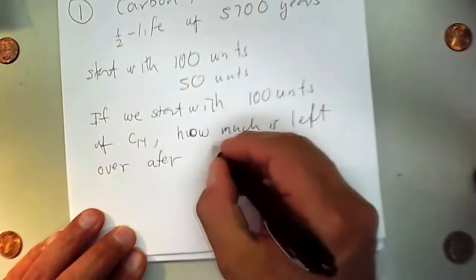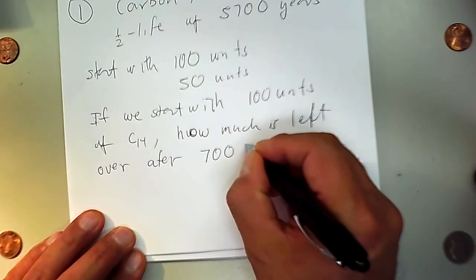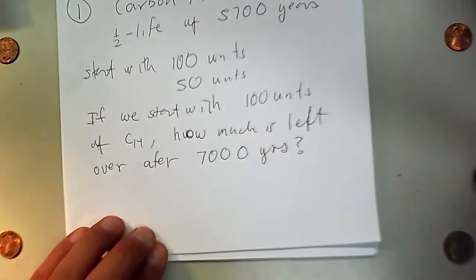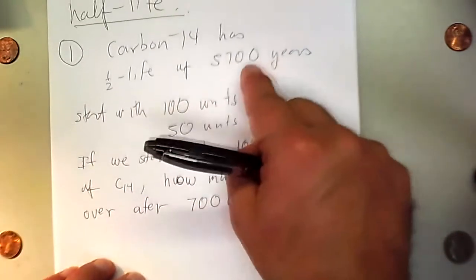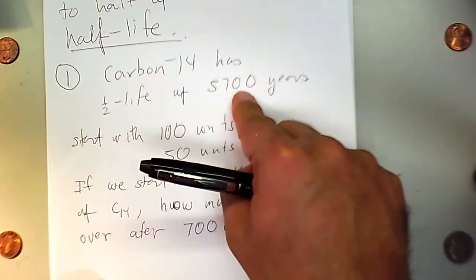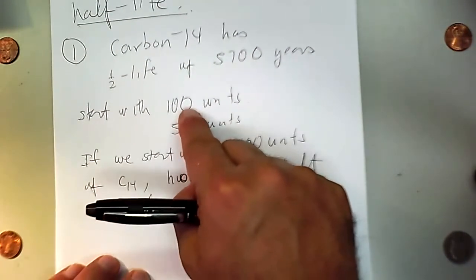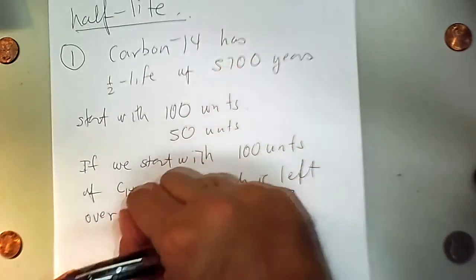How much did I say? I forgot, but let's say 7,000 years. Okay, so here we have a problem, because after 5,700 years, we're going to go down from 100 to 50 units. That is no problem.